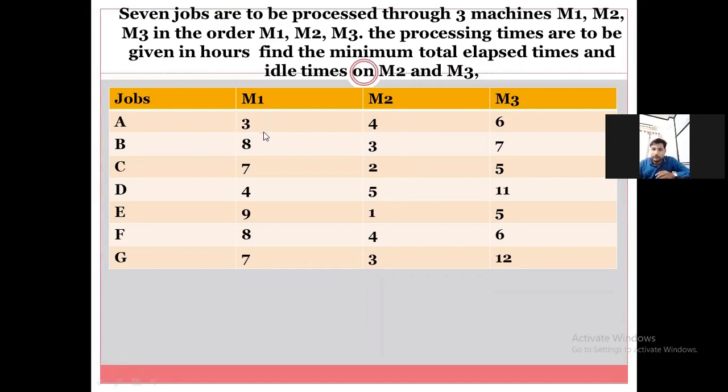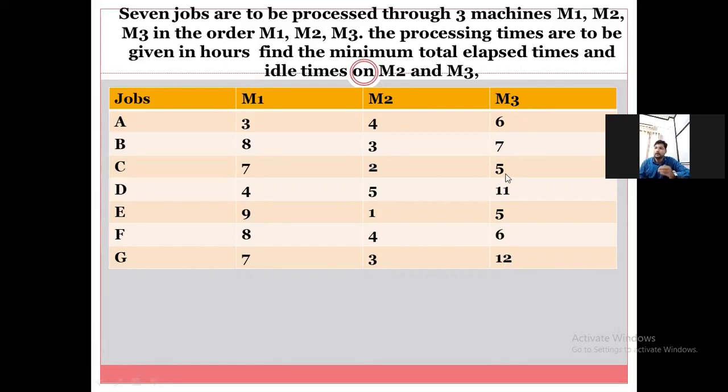Determine the smallest processing time on the M1 machine: 3, 8, 7, 4, 9, 8, 7. So 3 is the smallest processing time on the M1 machine. The smallest processing time on the M3 machine: 6, 7, 5, 11, 5, 6, 12.